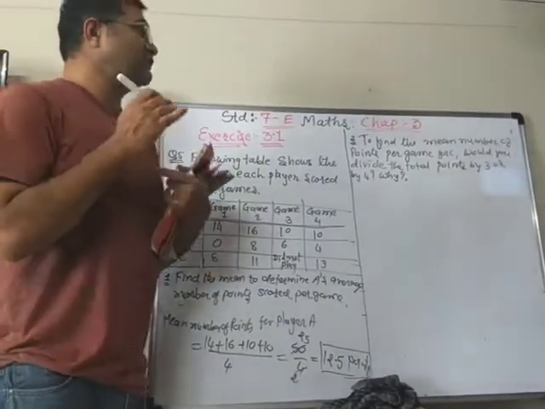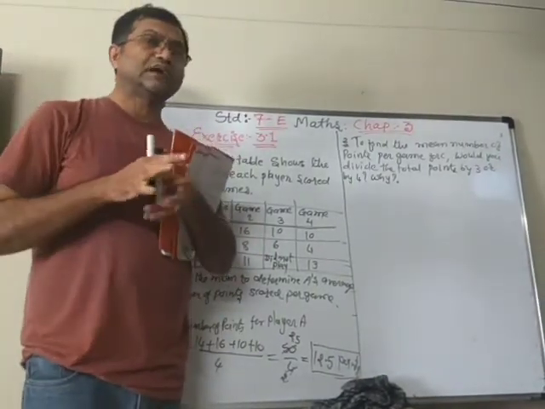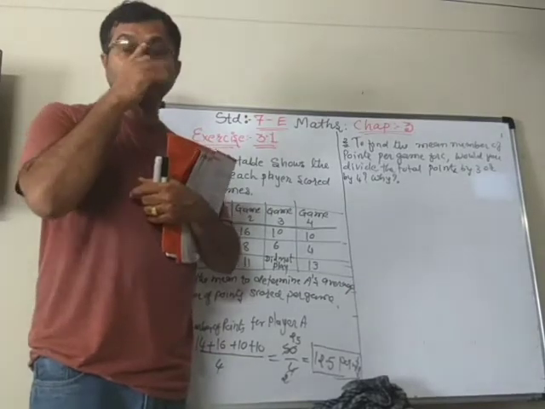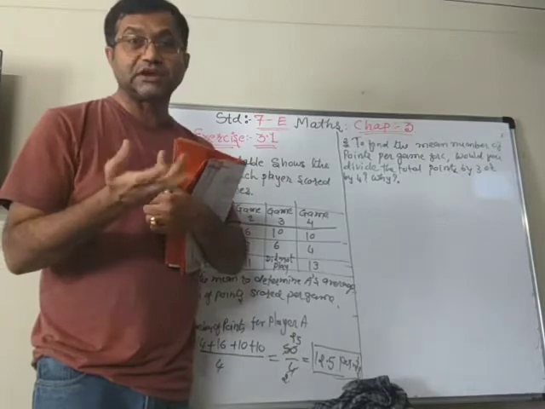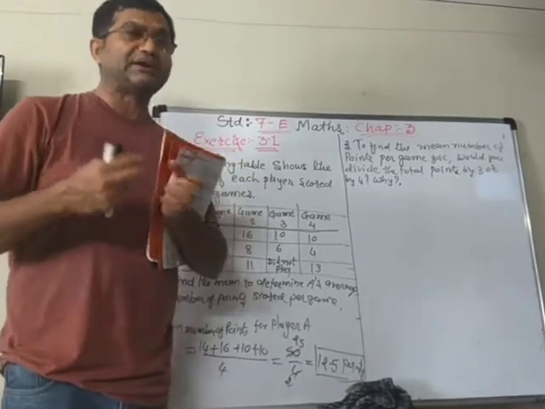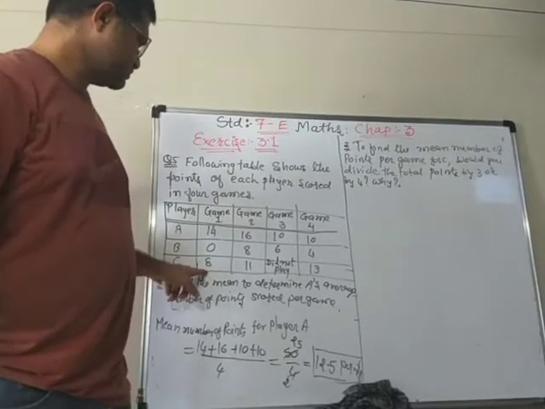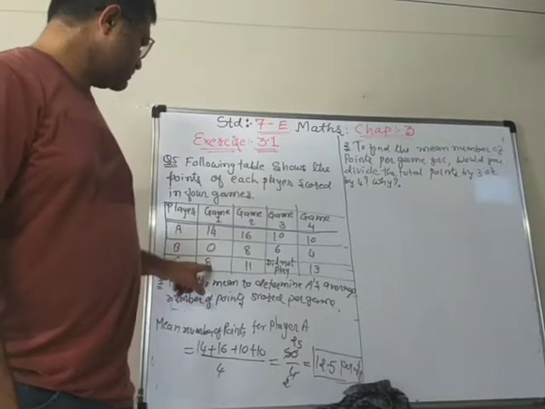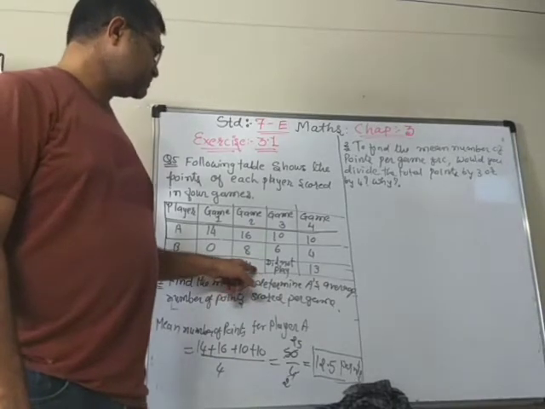So actually when we find the average, what do we do? We have to add the points in each game and divide by the number of games that he played. But in the case of player C, you can see that in the first game, he scored 8 points. In the second, 11 points.